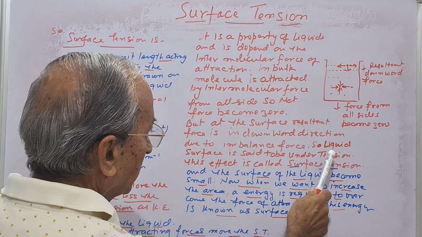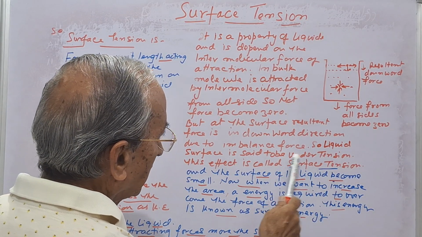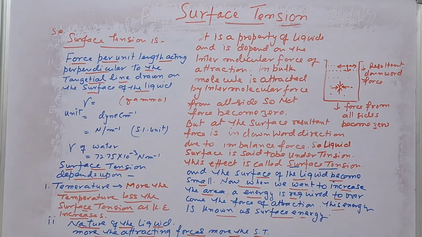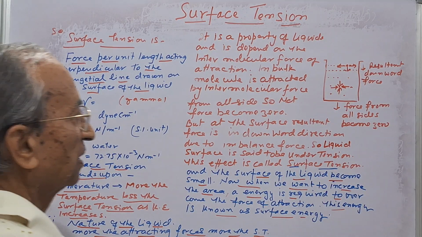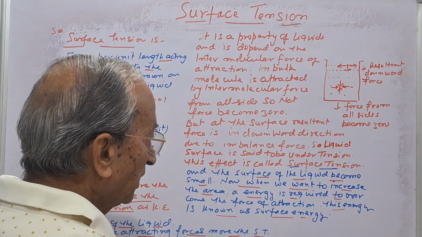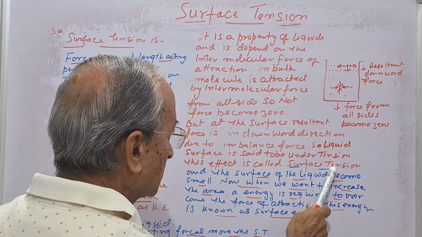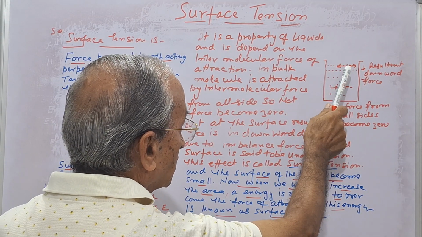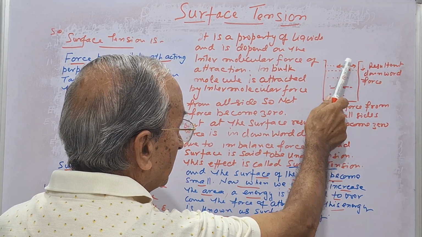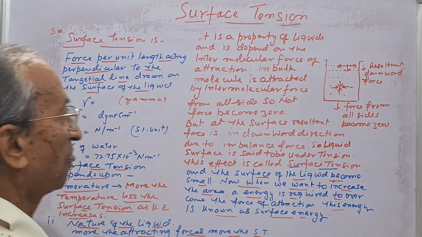We say that the liquid surface is under tension, and this effect is called surface tension. It means surface tension is due to the imbalanced attractive force of the molecules in the downward direction.